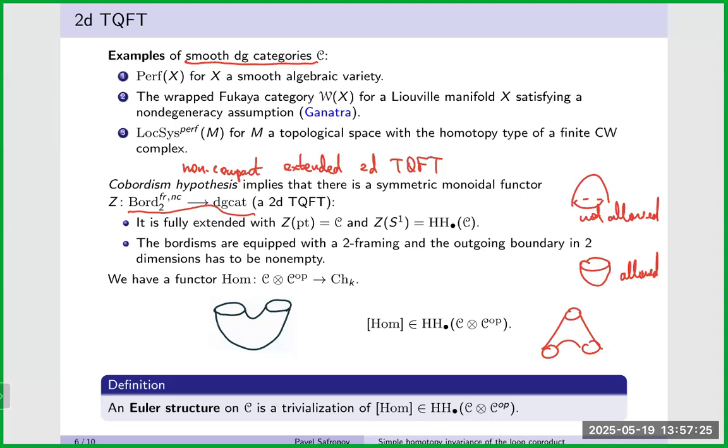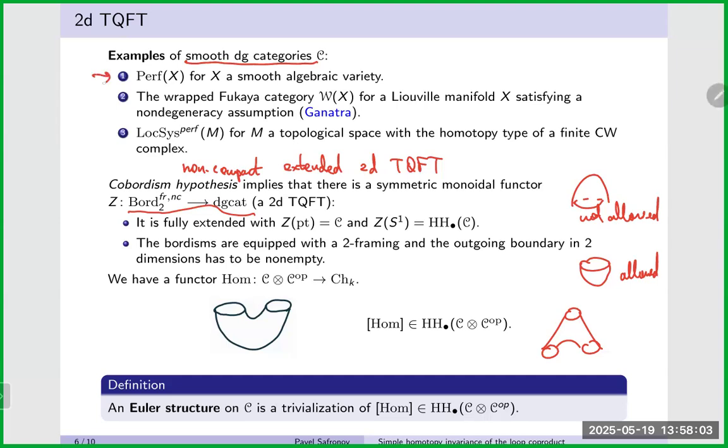So that's just the kind of cobordisms you consider. It's just a terminology. Cohen and Godin called it positive boundary TQFT. Yeah, and so we want to consider these non-compact 2D TQFTs. These are the ones relevant for string topology.